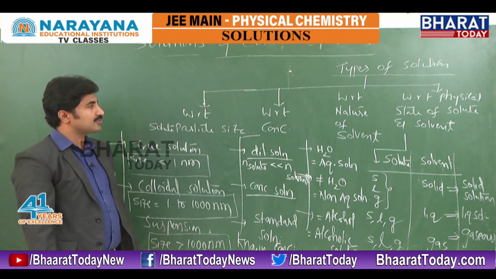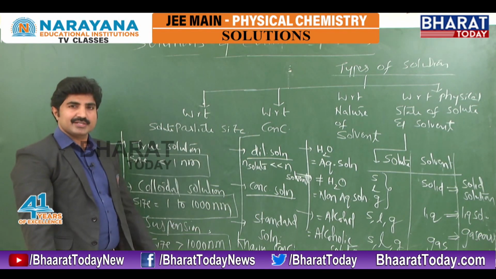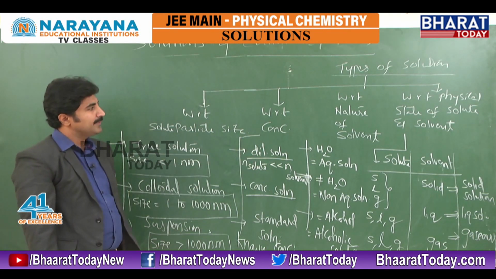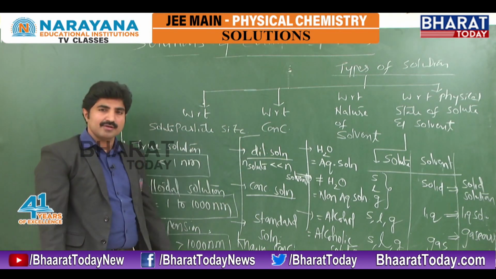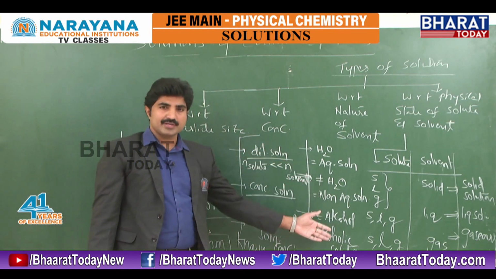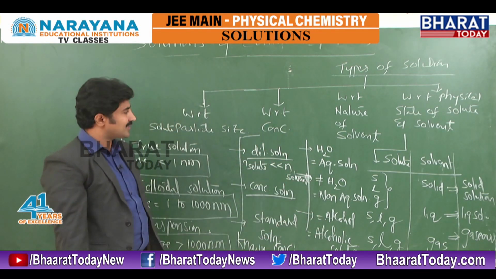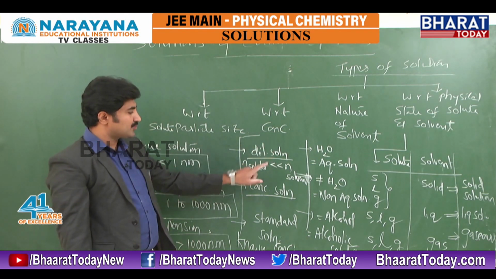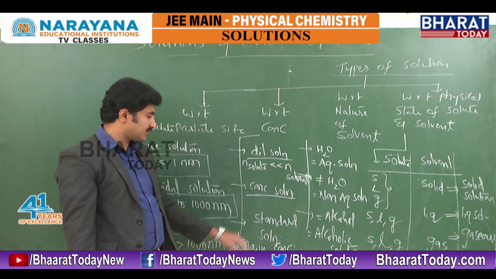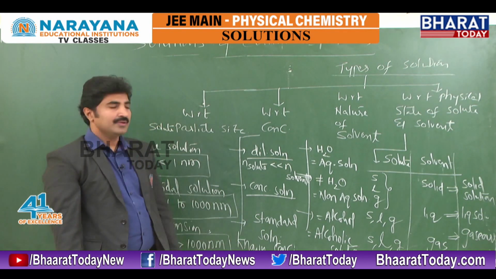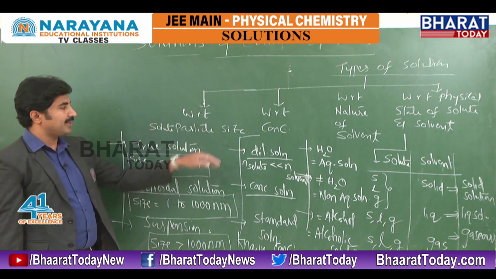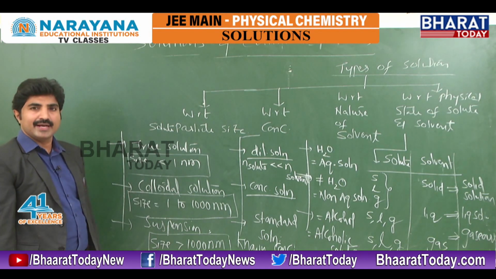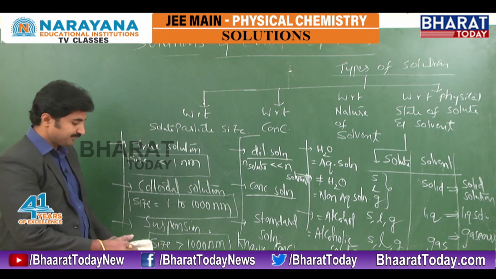These are the different types of solution. With respect to the physical state of solute and solvent, solutions are classified into 9 types. With respect to the nature of solvent: aqueous, non-aqueous, alcoholic, etc. With respect to concentration: dilute, concentrated, and standard solutions. With respect to solute particle size: true, colloidal, and suspended solutions.